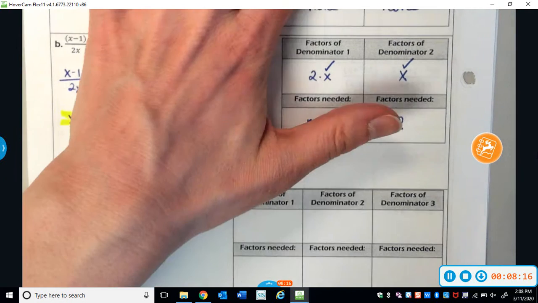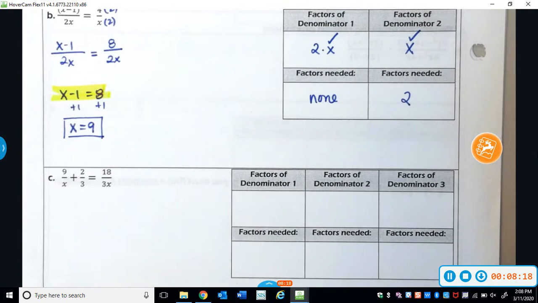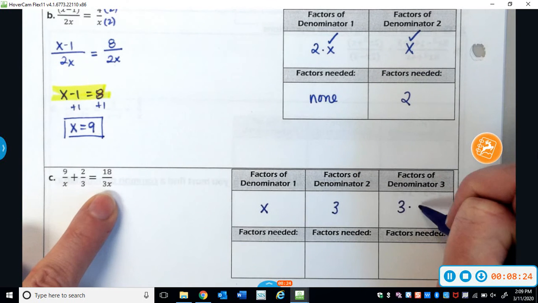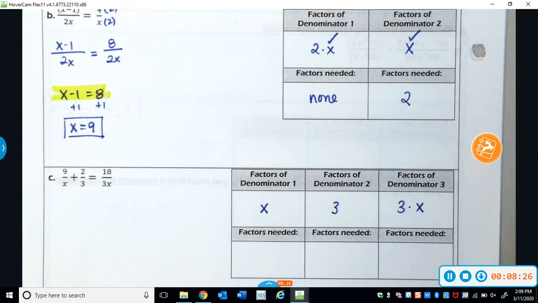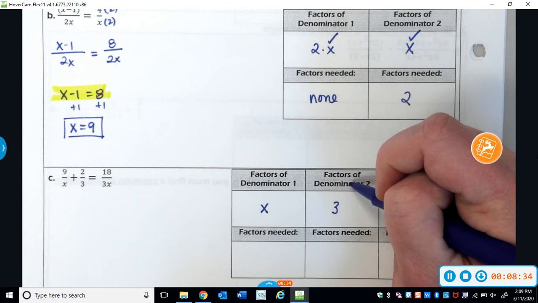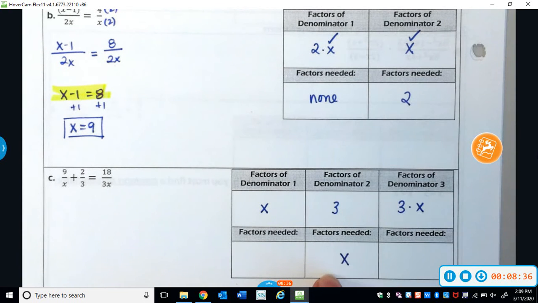Alright, for the last one, the process is still the same, it's just we have 3 that we're comparing now. So we have a factor of x, a factor of 3, and a factor of 3 and x. And when you're comparing 3 fractions, it might help to start with whichever one has the most factors and just work your way up. So for this one, they each have a 3 in common already, so this one needs an x.